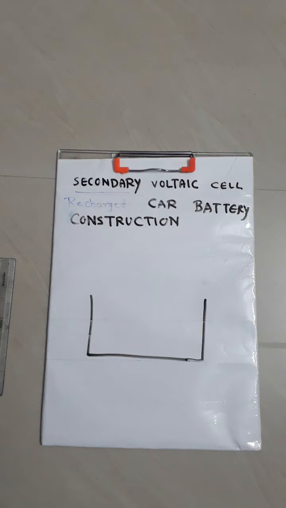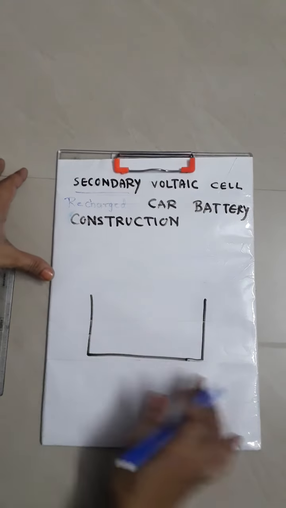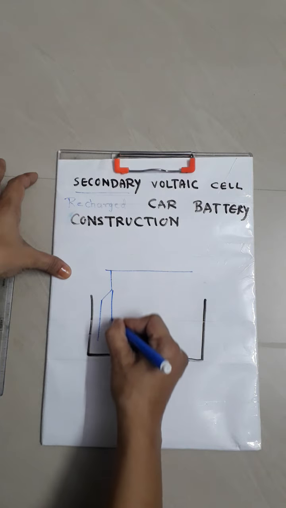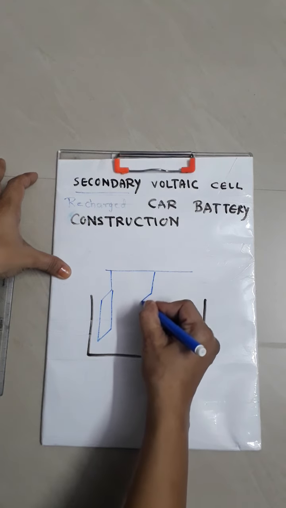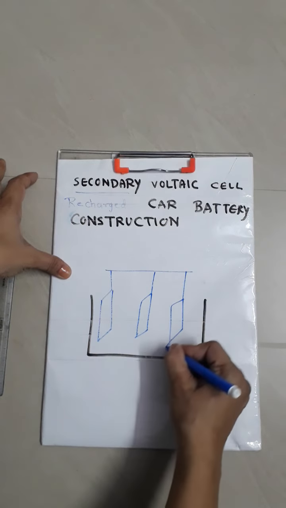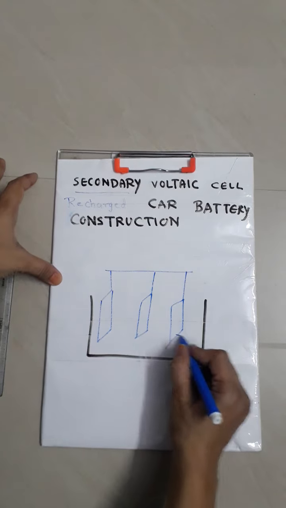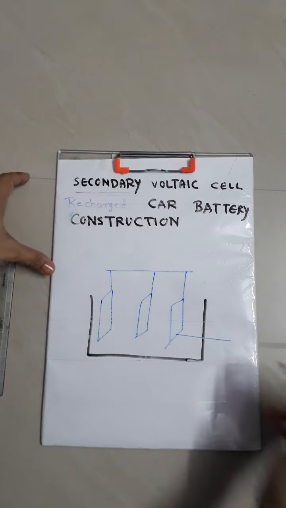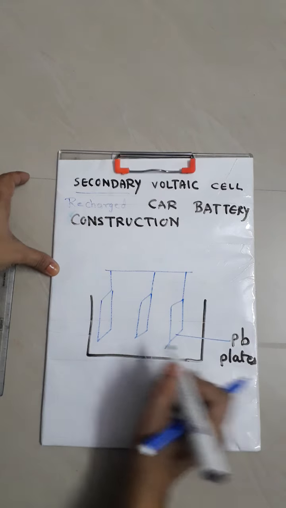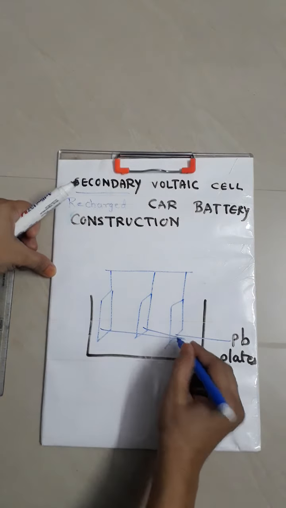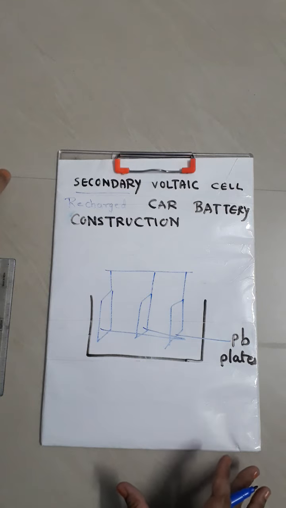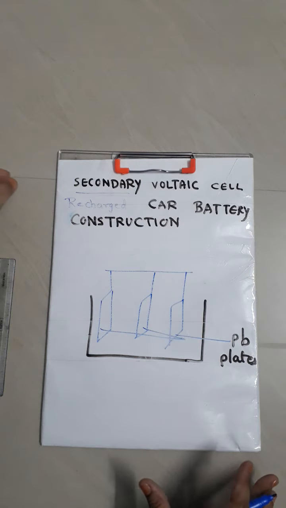Inside this vessel, we have some metallic sheets, and these sheets are lead plates, Pb plates. You should know the drawing of this cell, because if you know the construction, the drawing part, it will be easy for you to understand the working also.